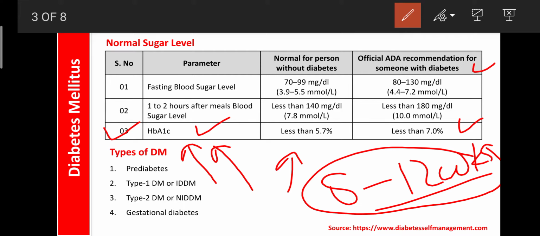The cost should be around 300 to 600 only. If it is less than 7, your family member or patient should be free from organ damage and the organs work properly, though he is still a diabetic patient.